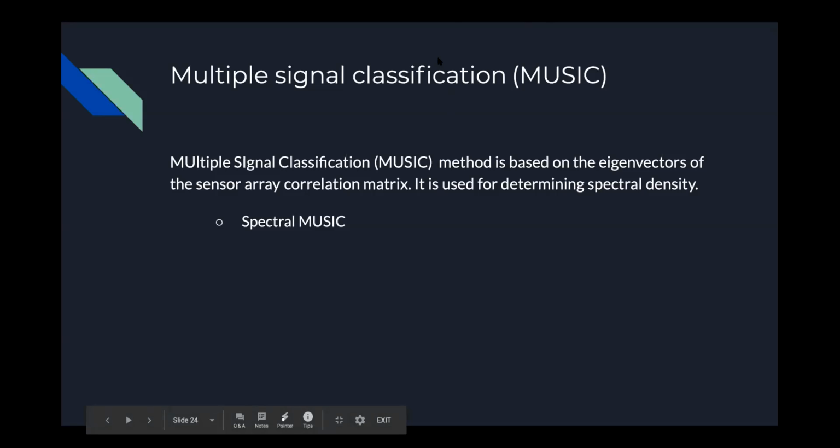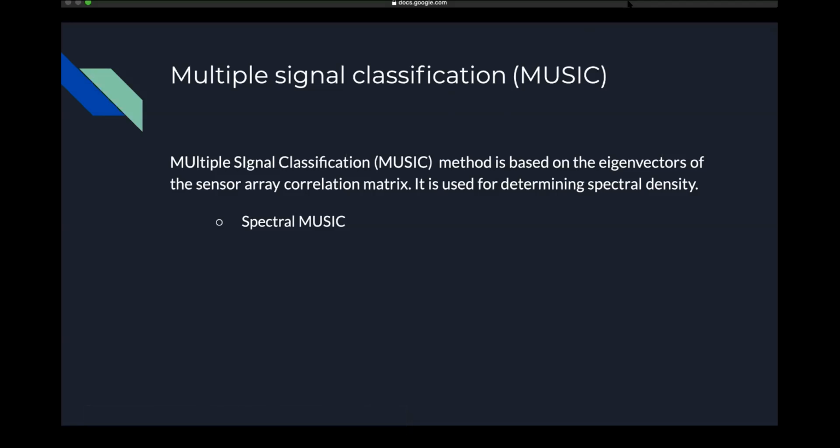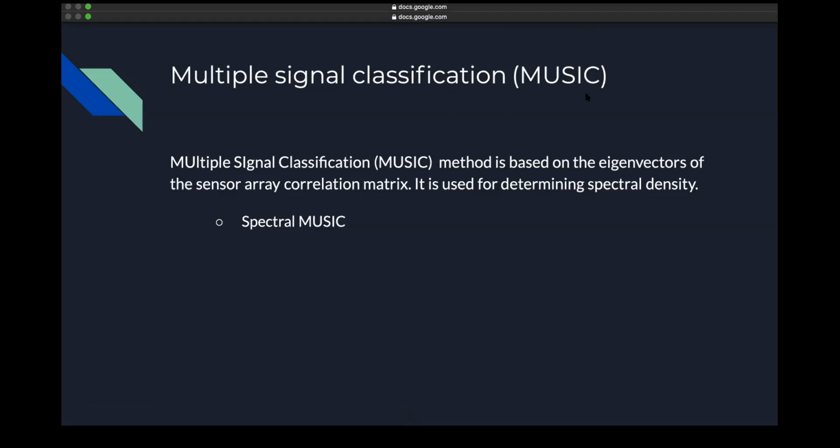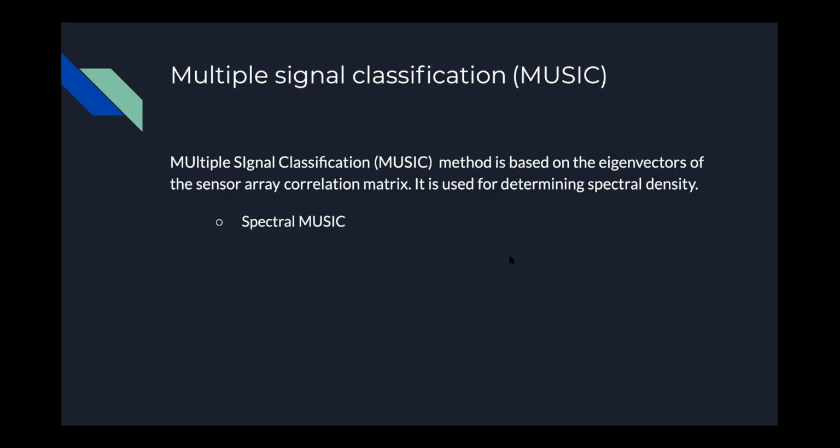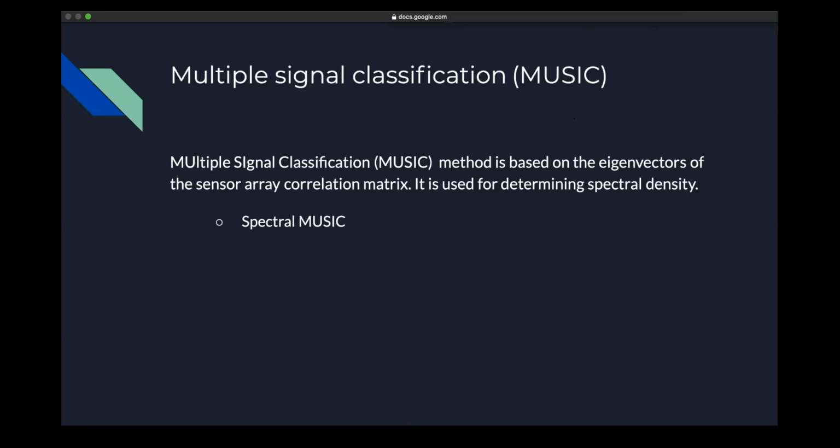This is an alternative to FFT. It is mostly used for the angle detection part only. What it does is use methods based on eigenvectors. For the sensor array we have, we take the autocorrelation, which we can use to determine the spectral density.